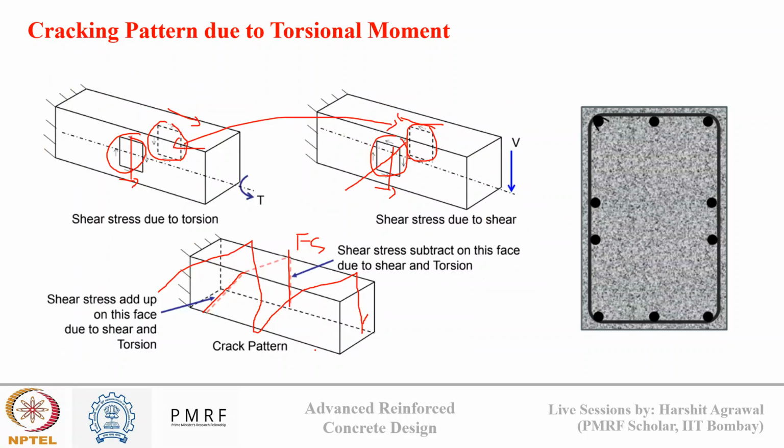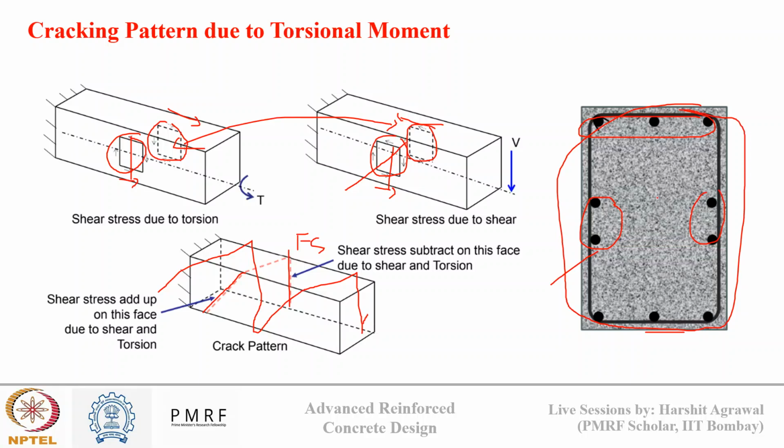And since there is cracking happening all across the cross section, the IS 456 code says it may be required that we provide some side face reinforcement also. Some reinforcement on the sides and some on the top may also be required, because now the cracking is not just at the bottom or diagonal, it is happening along the perimeter of the entire cross section.